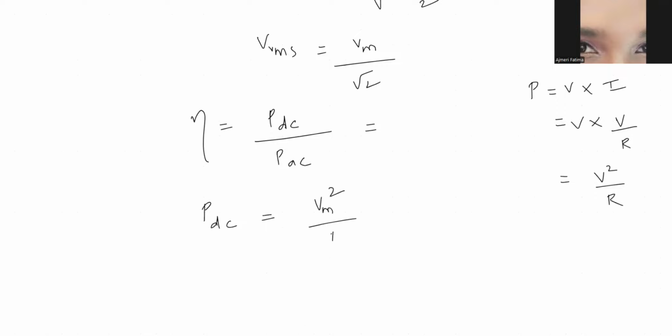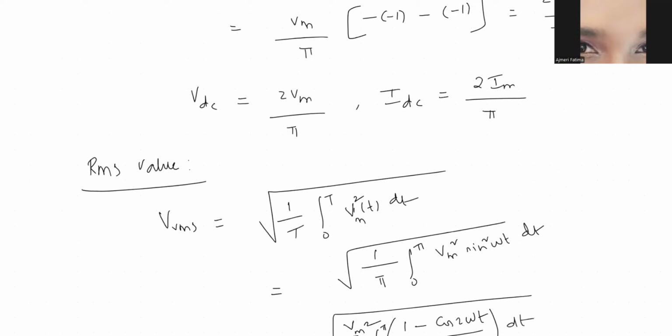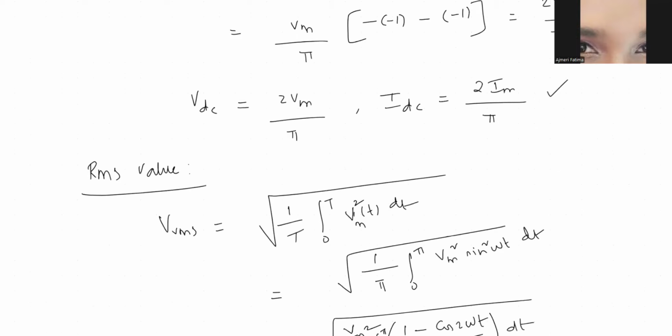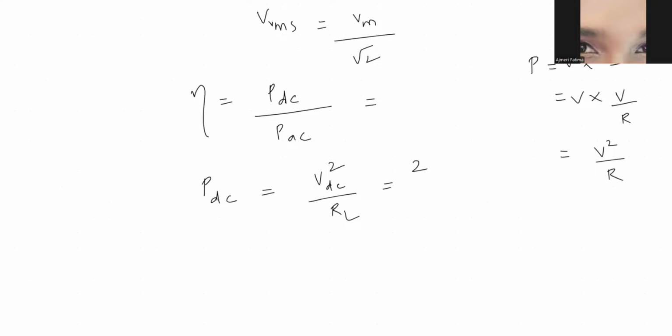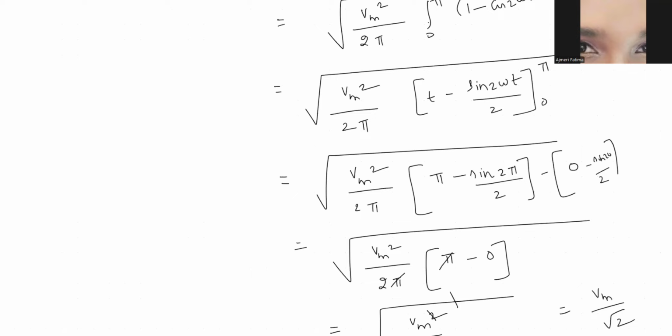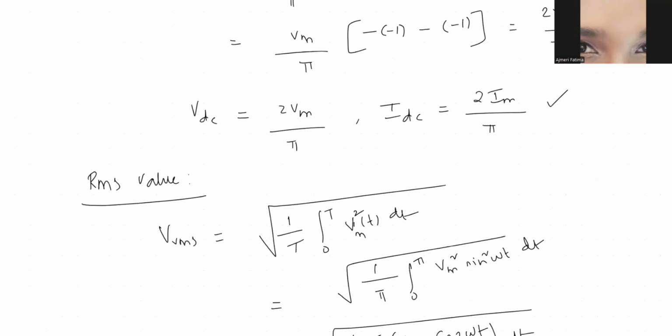So what did I get? Or I'll write, let it be VDC square by RL. VDC, I think I got as 2 Im by pi. Let me just quickly substitute it. I got 2 Vm by pi because we are writing voltage.